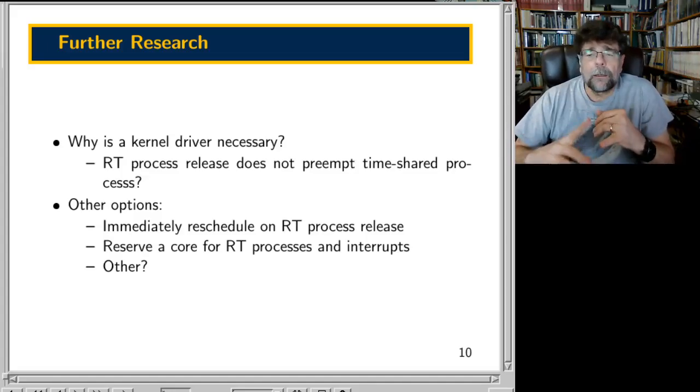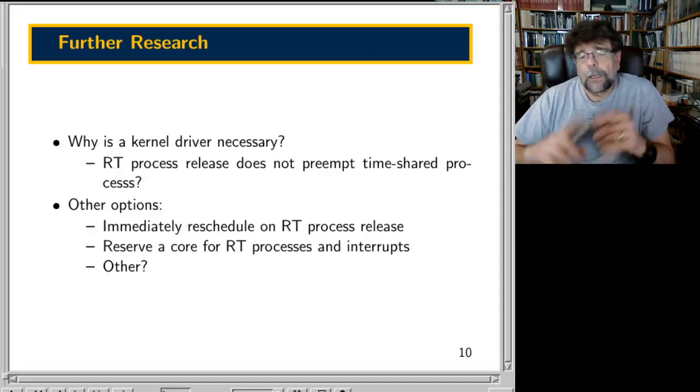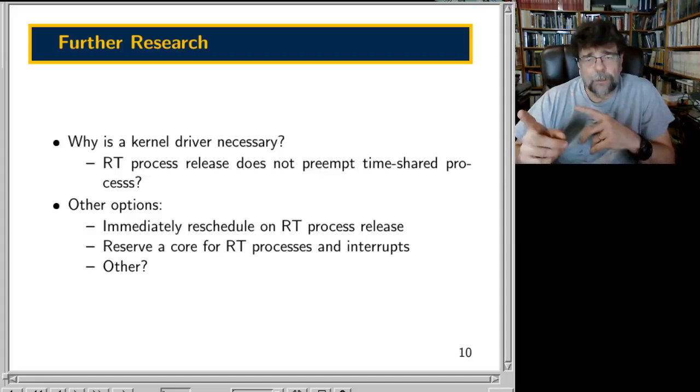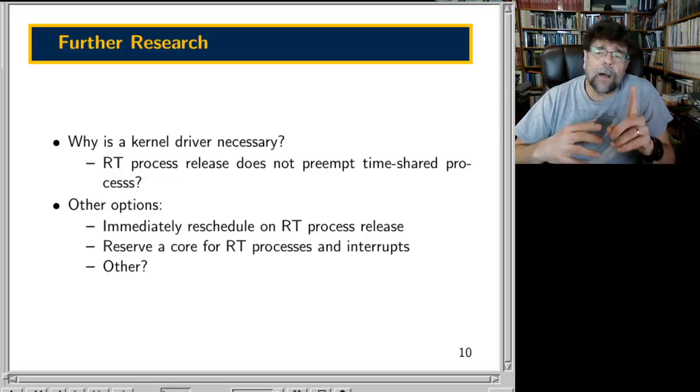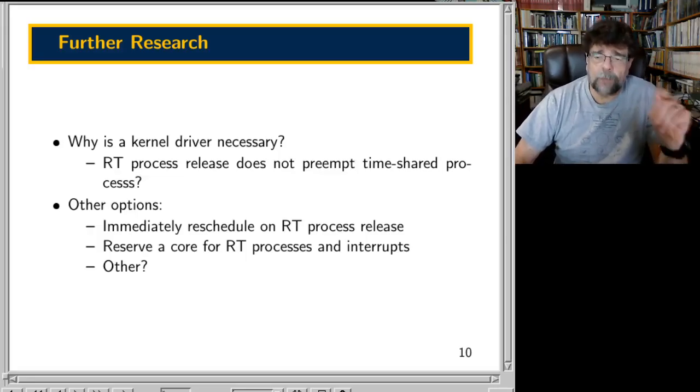When a real-time process is released, it gets put onto the ready list as you would expect. It appears at the highest priority on the ready list. But I don't think that it immediately preempts a running real-time time-shared process.